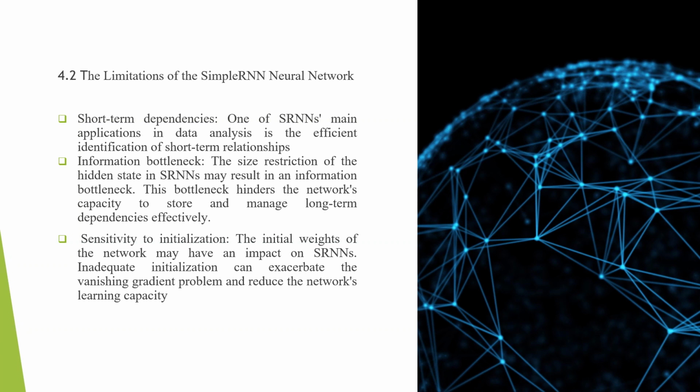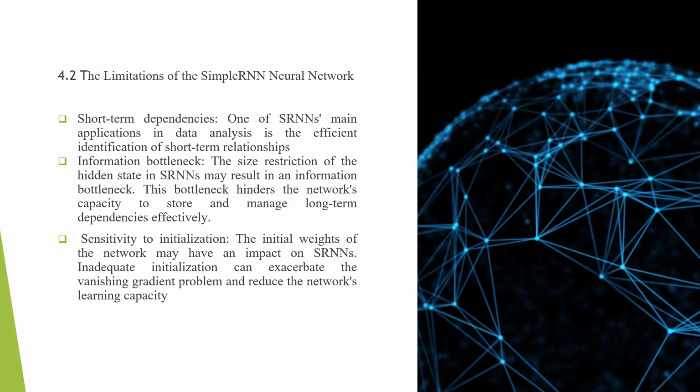One of the simple recurrent neural network's main applications in data analysis is the efficient identification of short-term relations. Because of the vanishing gradient problem, they had difficulty learning and retaining information over extended periods of time, which makes it difficult for them to do complex tasks requiring long range context.